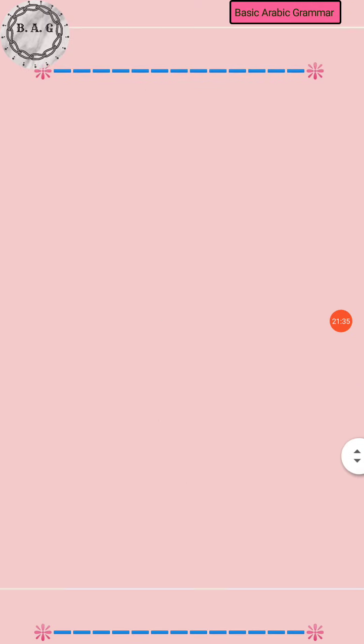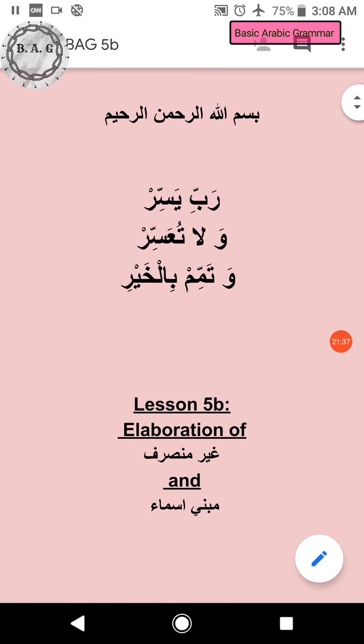Alright, so this was our lesson 5b in which we covered the summary of the three types of asma, and we also did the subcategories of mabni asma and the ghair munsarif asma. And in the next lesson, inshallah ta'ala, we are going to cover some basic theoretical stuff.